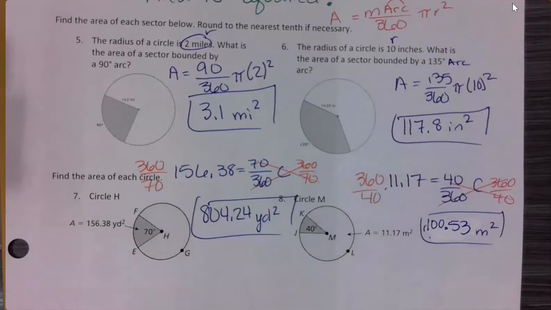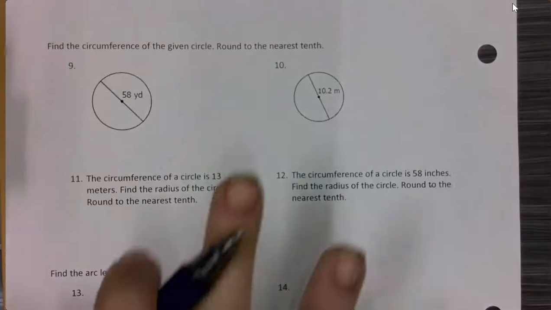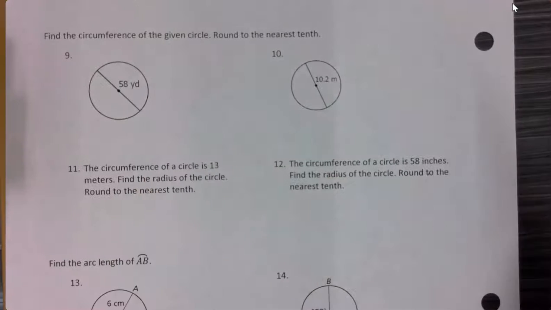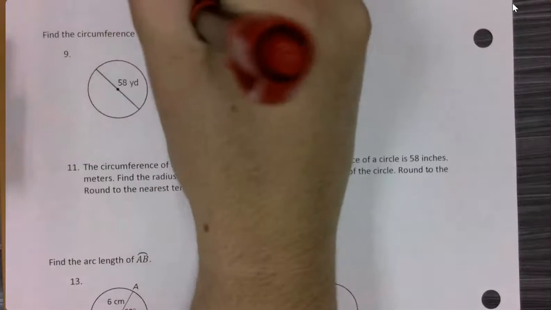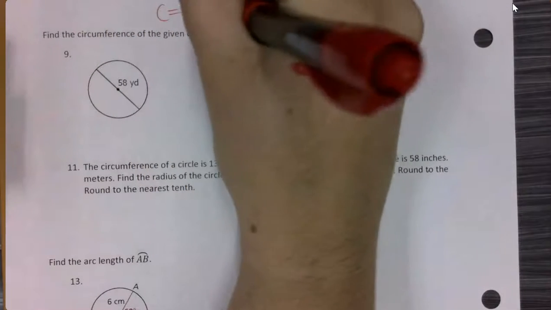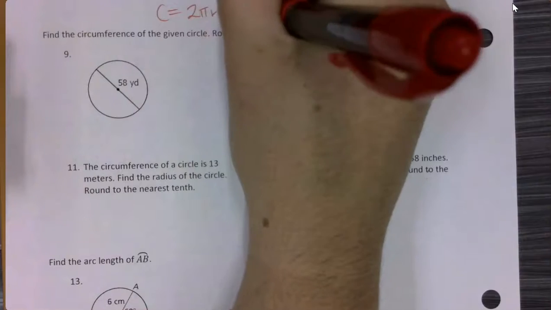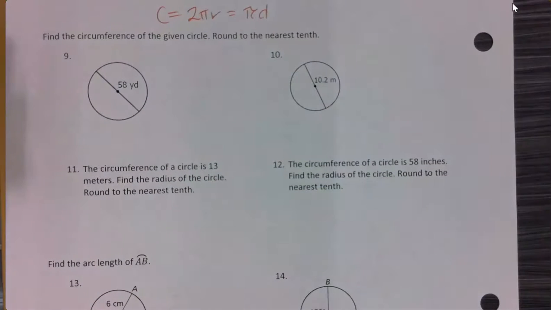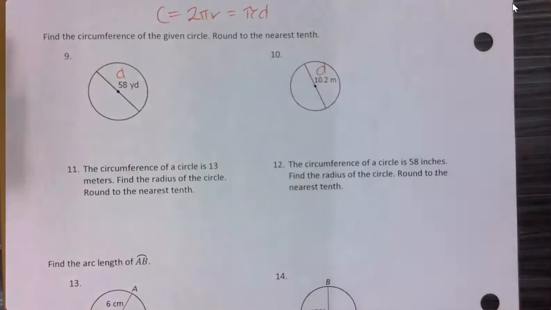Okay. Moving on. This one is wanting circumference. So the circumference formula is 2 pi r, or if I know my diameter, pi times my diameter. So on both of these pictures I have my diameter. So I'm going to plug into the second formula, pi times my diameter.